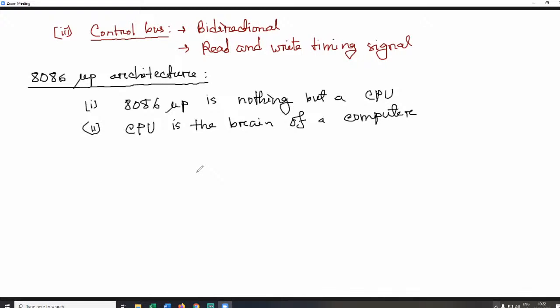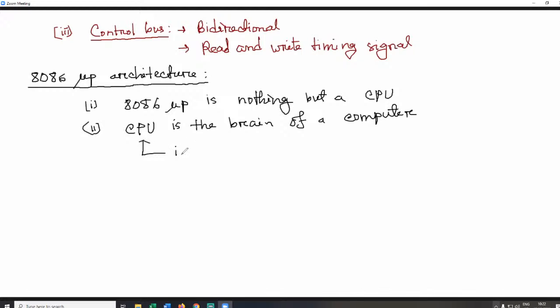So what is the task of a brain? It controls everything, right? So it controls the computer by executing programs stored in the memory. What is the task of CPU? CPU controls the computer by executing programs stored in the memory. Programs are normally stored in the memory, and those programs can be executed by the CPU.